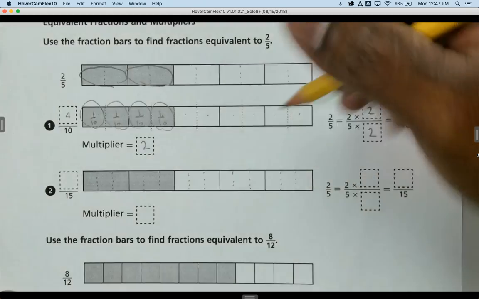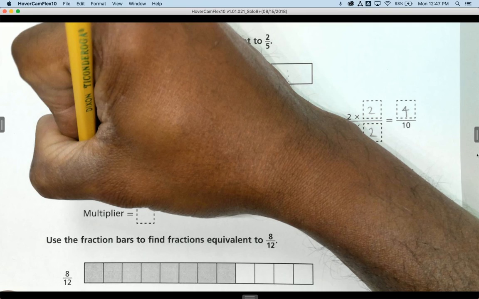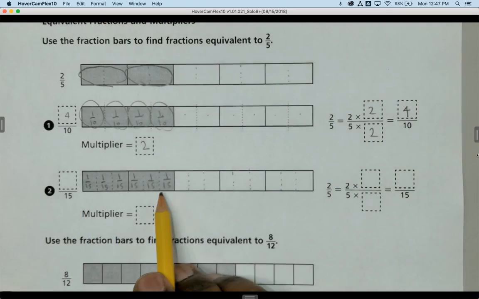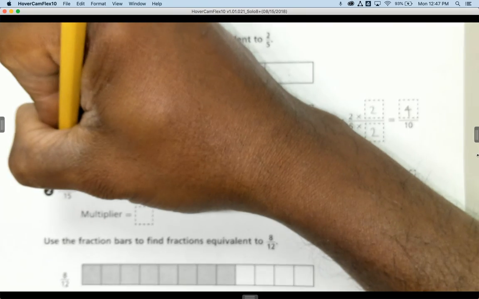Now, each of these parts represents 1/15 of the whole. My shaded part altogether represents 6/15.